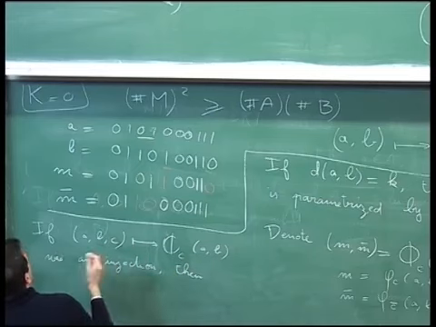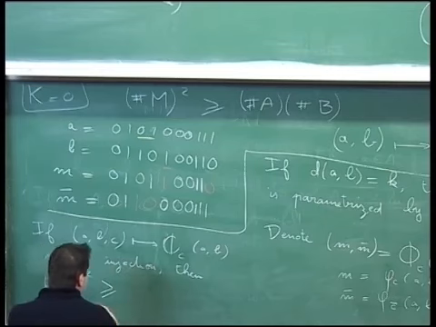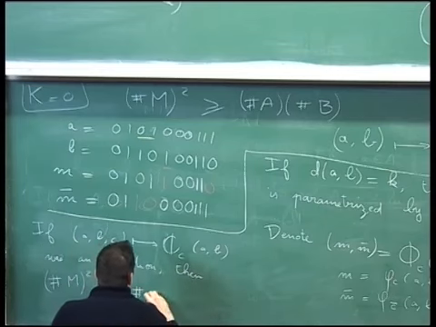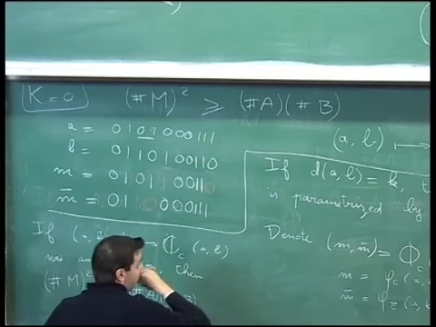We would have the number of midpoints squared would be at least the size of A times the size of B times the number of choices for C.